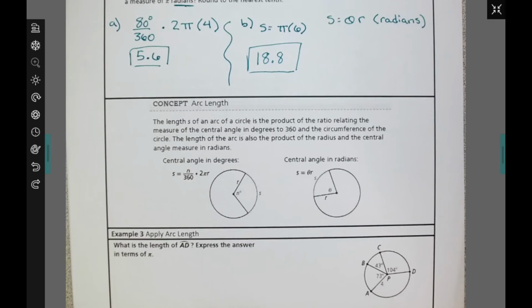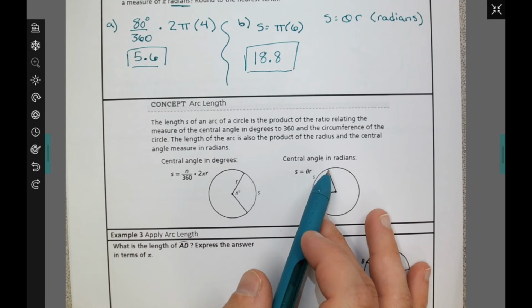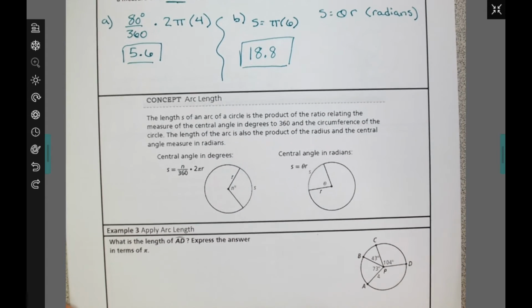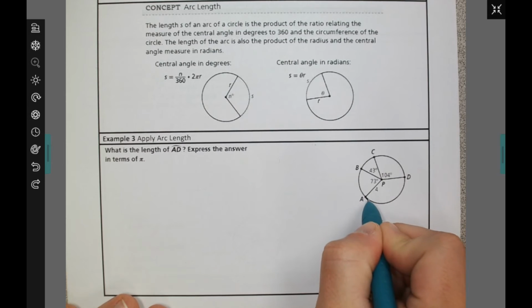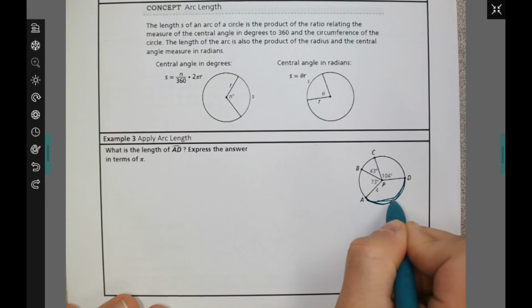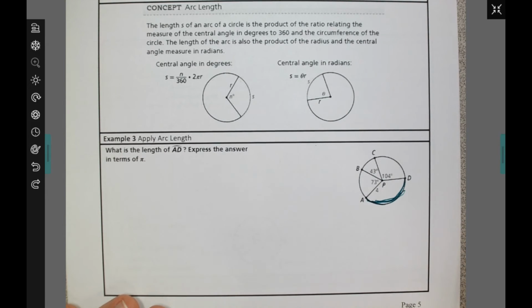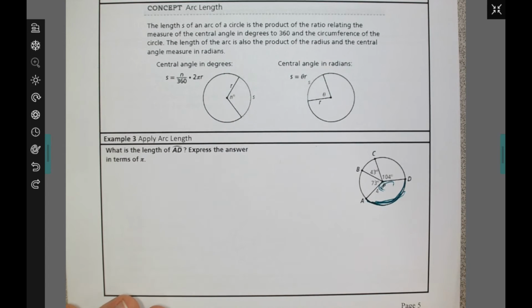Okay, this concept box right here, they go into a little more detail, talking about degrees and radians, but there's your formulas again. Example 3, they want to know what is the length of AD. So from A to D, if I walk around, I want to know what is the length. Here I look at what they give me for that circle. They give me degrees. So the first thing I need to find is what is this angle measure right here.